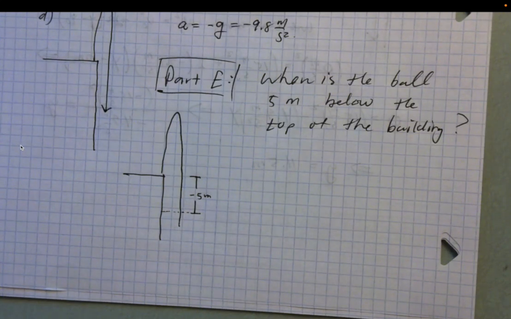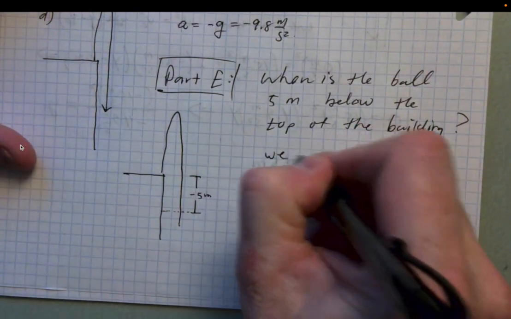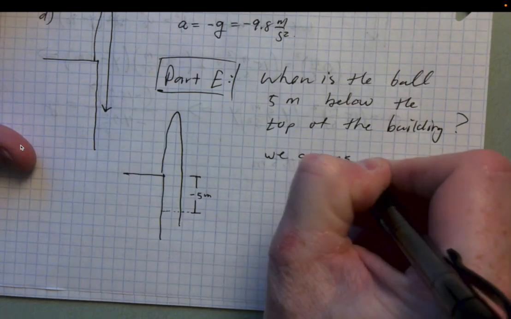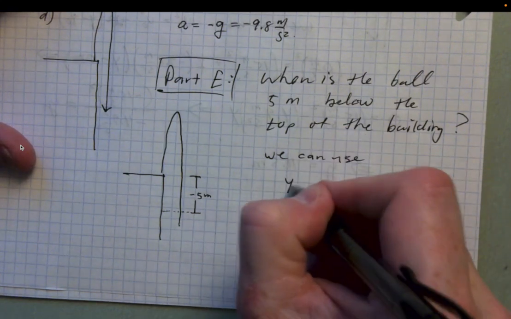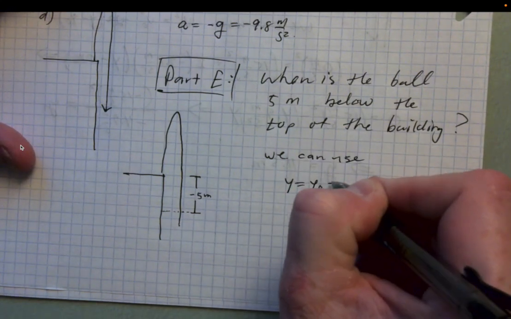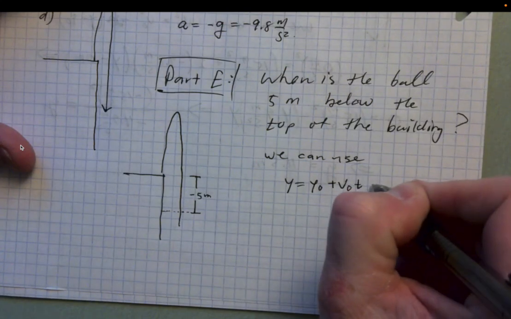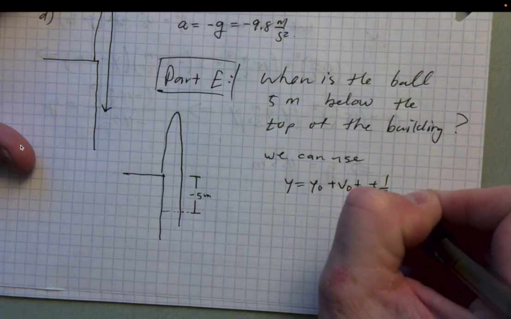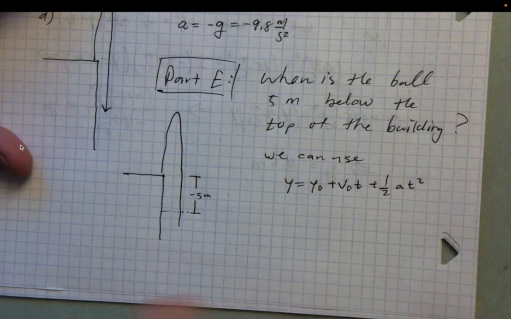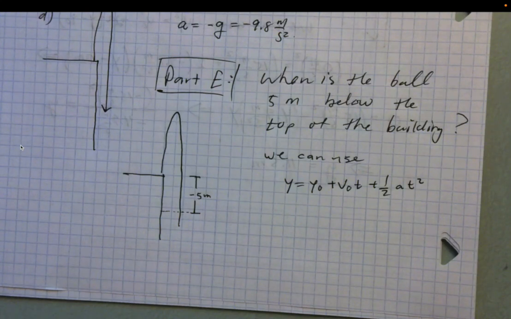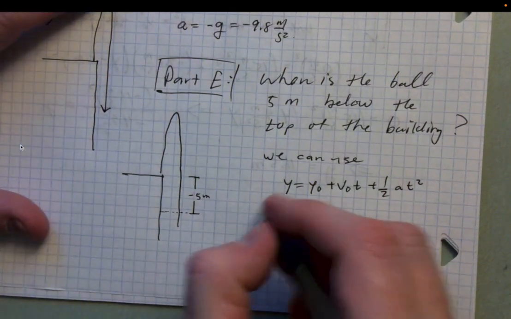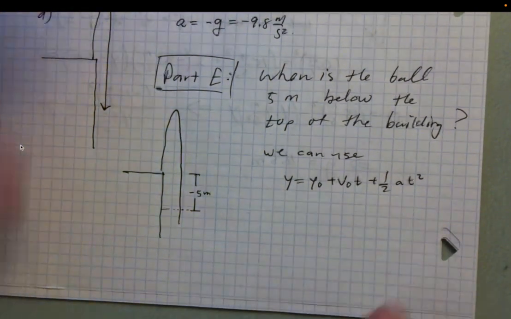Okay, to solve this problem, we can just use a position function, right? So we can use the position function, y equals y naught plus v naught t plus 1/2 at squared. For this problem, let's write it in with gravity. I'm going to switch pages here.